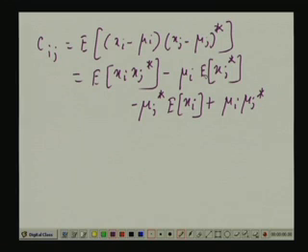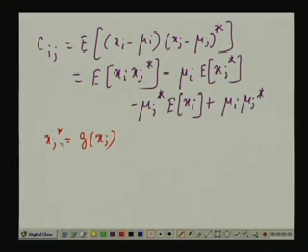Now, you see we have got a quantity like expected value of x j conjugate. What is that? Now, we know that we can write x j conjugate as a function of x j. Given x j, this function evaluates its conjugate.